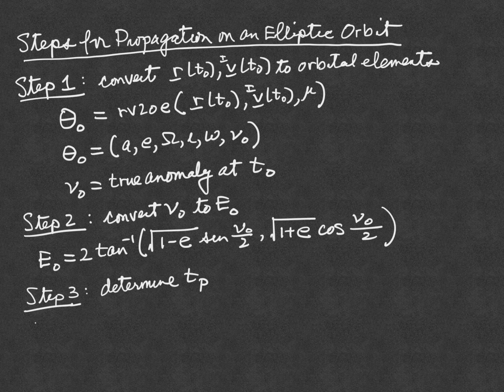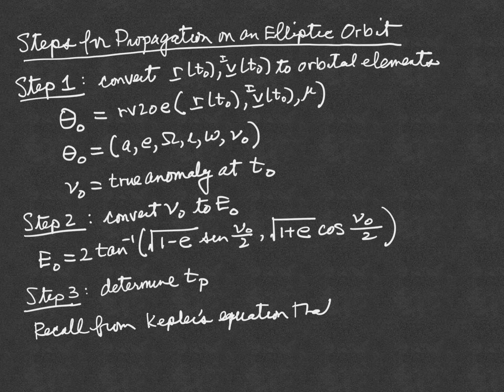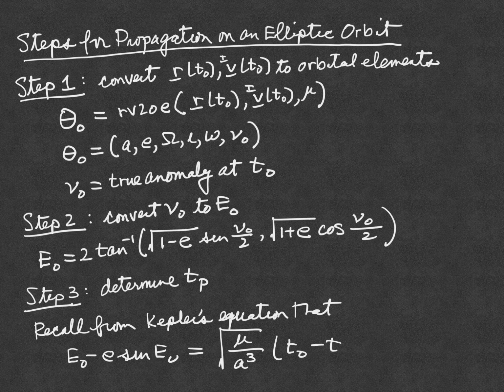So recall from Kepler's equation that E0 minus little e times the sine of E0 is equal to the square root of mu over a cubed times T0 minus Tp.